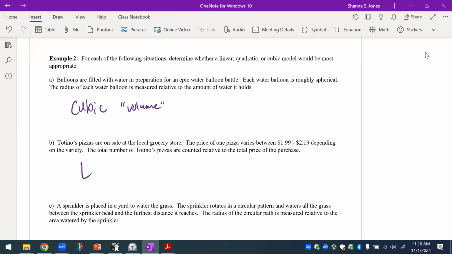Linear. Why is it linear? All right. Why is it linear? Why is it linear? Anyone? It depends, right? And there's a price per topping, right? It's a variety.